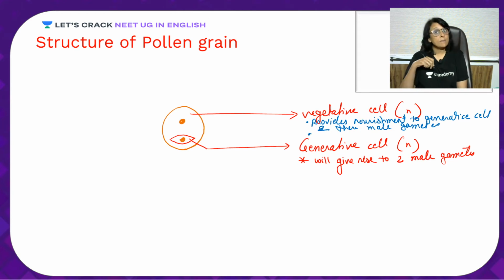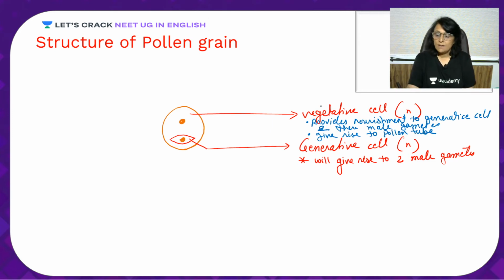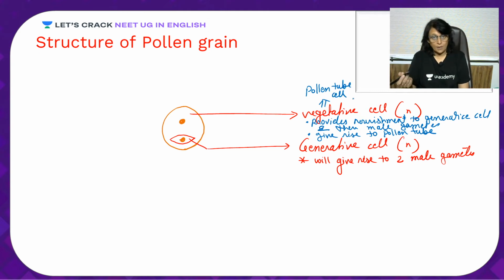And it is the same cell which will later on give rise to pollen tube. And that is why sometimes vegetative cell is also known as pollen tube cell because of its function, that it is going to give rise to the pollen tube.